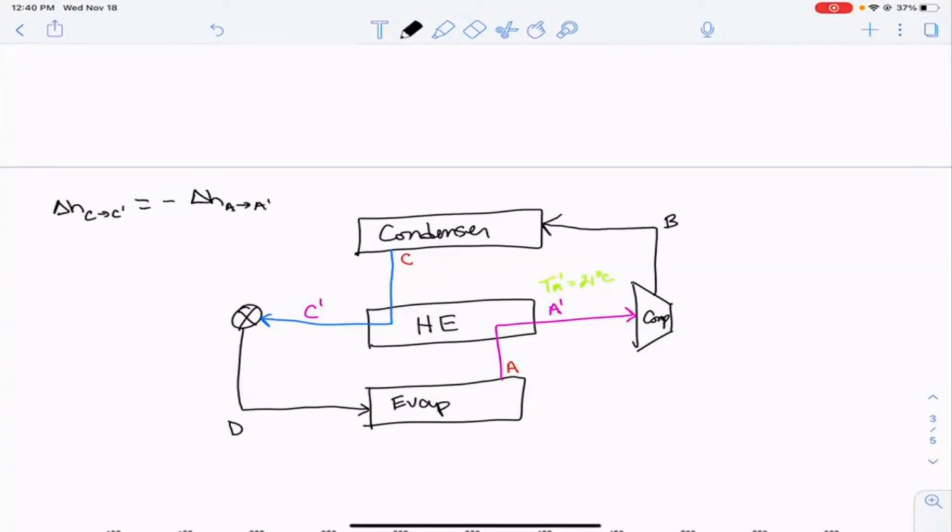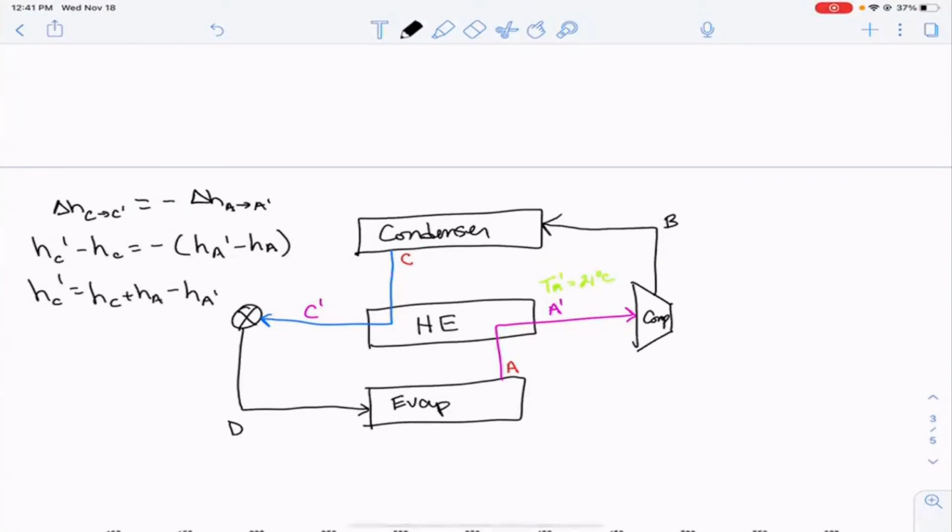And so mathematically, that gives us that the enthalpy at C prime minus the enthalpy at C equals minus the enthalpy at A prime minus the enthalpy at A. Or the enthalpy at C prime is just HC plus HA minus HA prime. And so once we know the enthalpy at A and the enthalpy at A prime, we can pretty easily find the enthalpy at C prime and then D. And that's what we'll do.